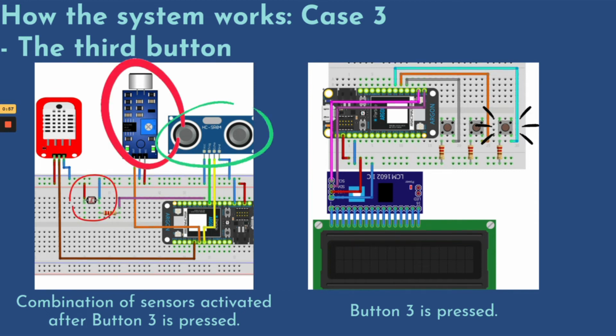The light sensor and the sound sensor measure the luminance and the noise level of the place, for students to focus on their assignments without damaging their eyes and their ears. And the SIT210 and LCD work the same as in the button 1 case and the button 2 case.